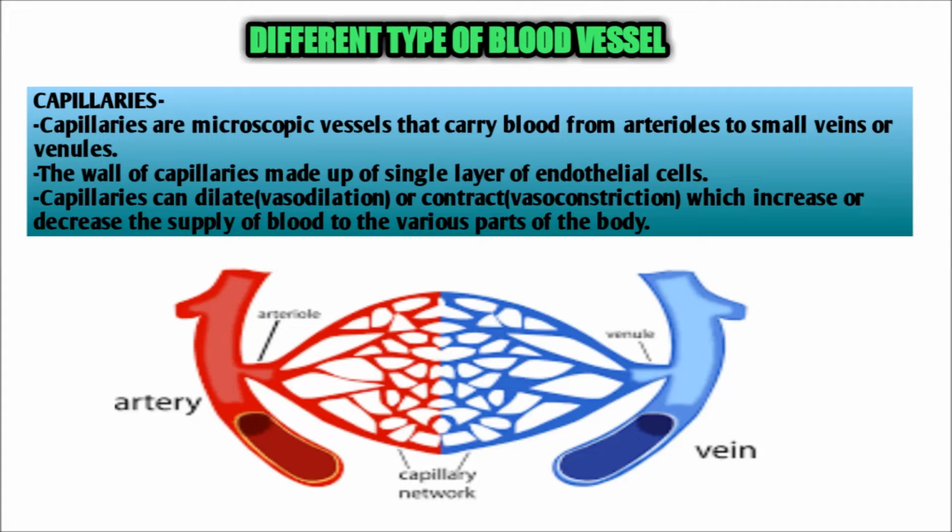In this capillary network, wherever the blood pressure increases to maintain the body temperature, or wherever the blood pressure decreases, this is due to the vasoconstriction process: somewhere the lumen becomes narrow and the blood pressure increases, and somewhere the lumen becomes wider, so blood pressure decreases. These two processes are controlled inside the capillary part.